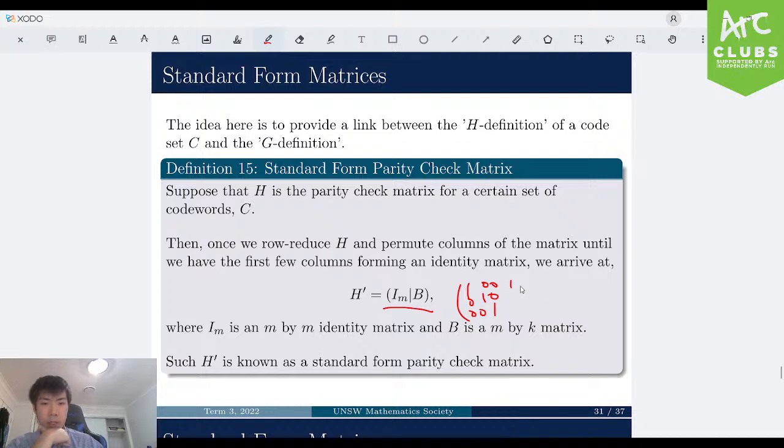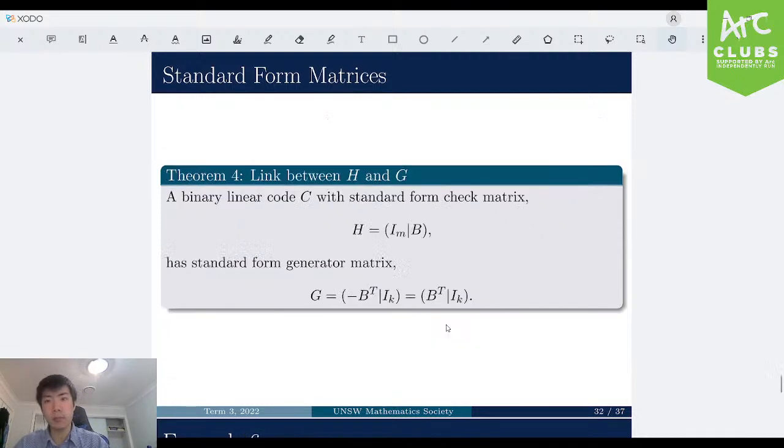And then B could be, I don't know, like that, right? So in this case, you can see in the first three columns you have an identity matrix, and in the remaining three you have some other matrix B, okay? And any check matrix in this form is called a standard form check matrix, okay?